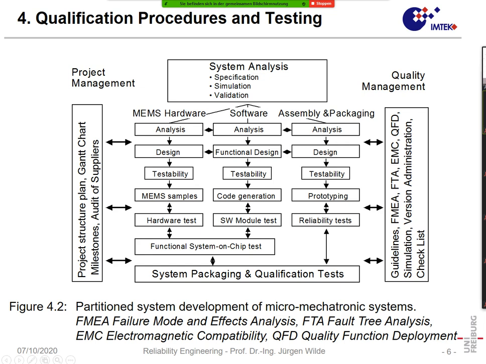What is very important when you have hardware and software in mechatronic systems or electronic embedded systems is that hardware and software are tested all together. The reason is that hardware is often designed so that it is not over-designed.